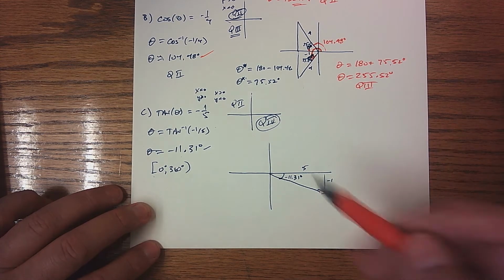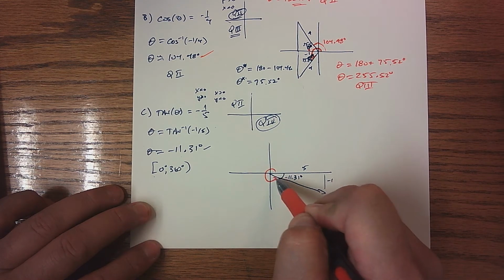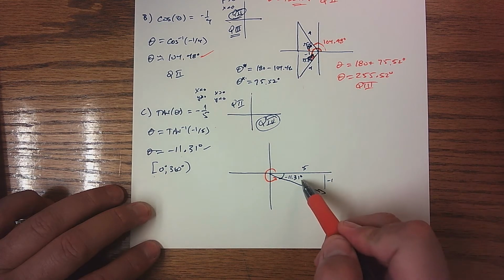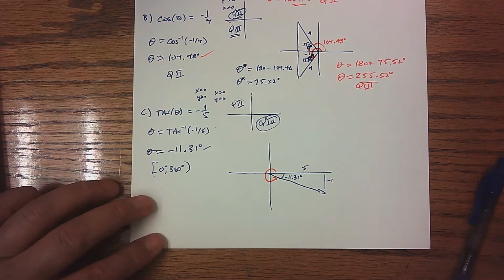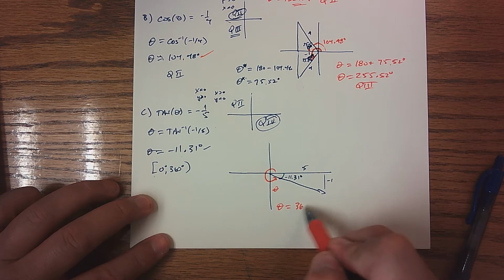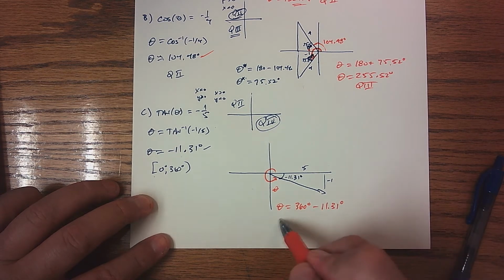But the angle we're looking for is this angle right here in red, that would go through a positive rotation and basically have the same reference angle of the angle that we found. So pretty easy, how do we find that angle? Let me call it theta for a moment. Well, that theta would basically be 360 minus the 11.31 that we have.